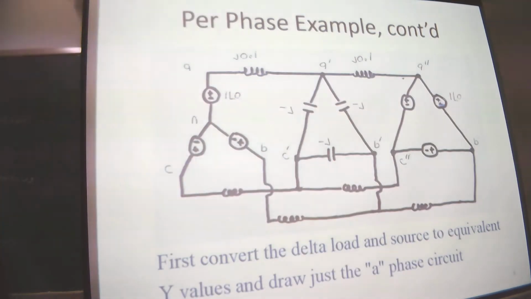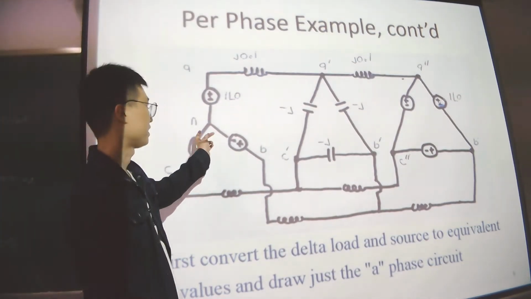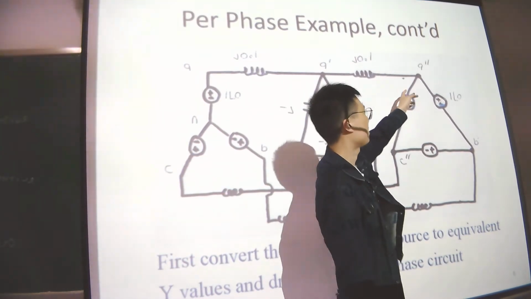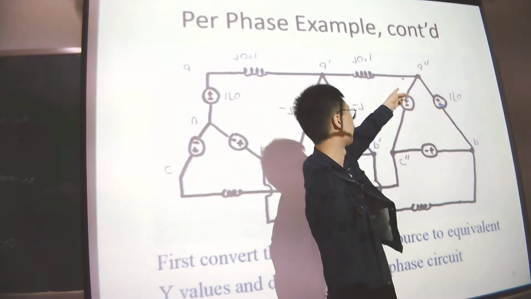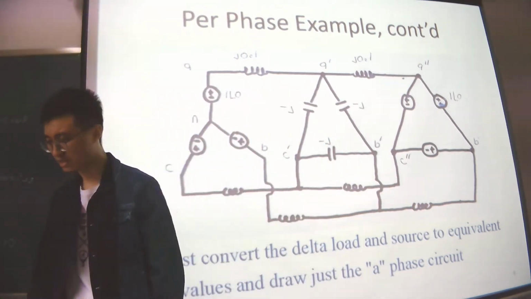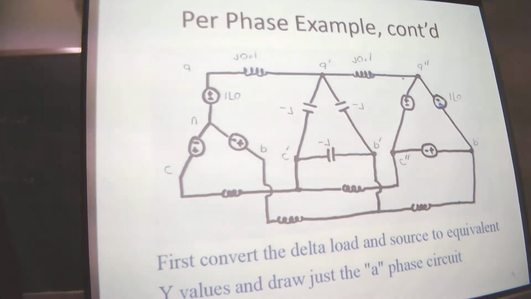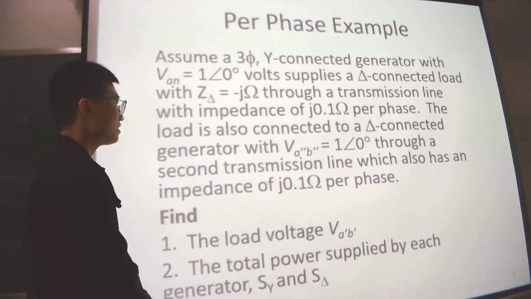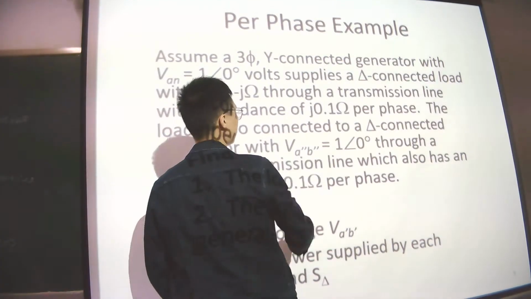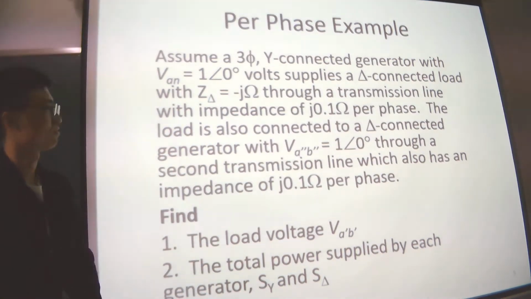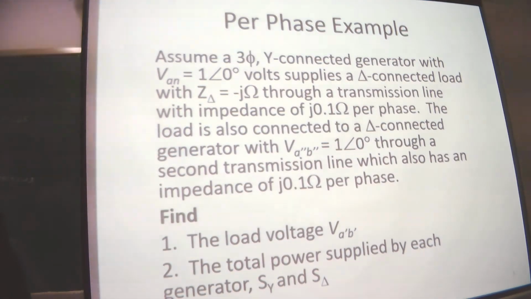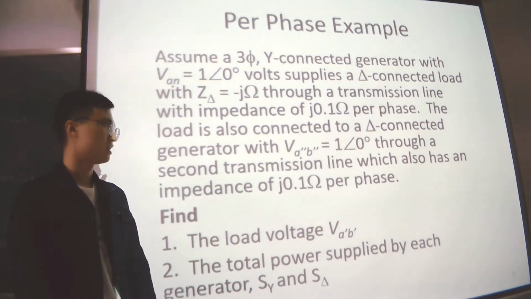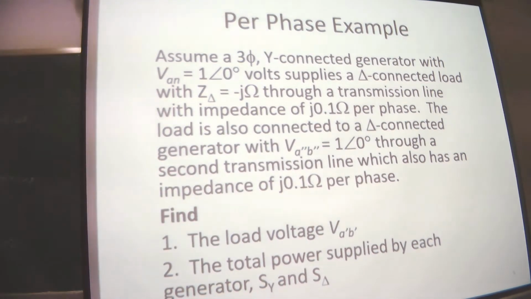So there will be 2 sets of generators, A, B, C and A plus plus, B plus plus, C plus plus. So there will be 2 sets of generators or voltage sources, also 1 volt at 0 degrees, with the same transmission line impedance of 0.1 J, right?